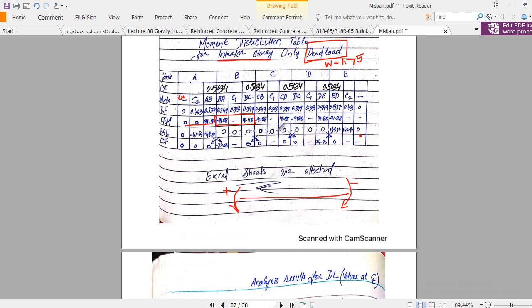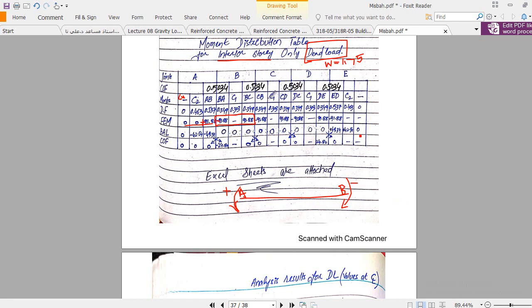sign. Clear? This is very important to understand right here, because you see the BA span has a negative moment. For example, let's say this is A and this is B. So for AB, we denoted it with a positive sign, and similarly here we denoted this moment with a negative sign.